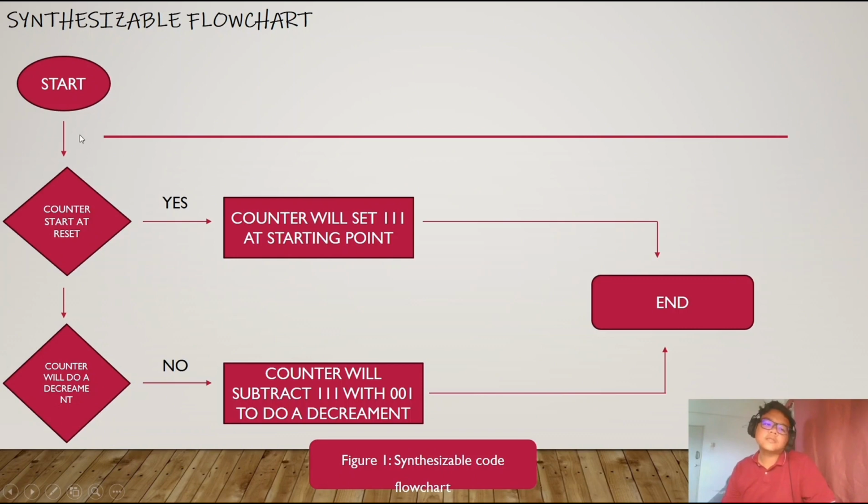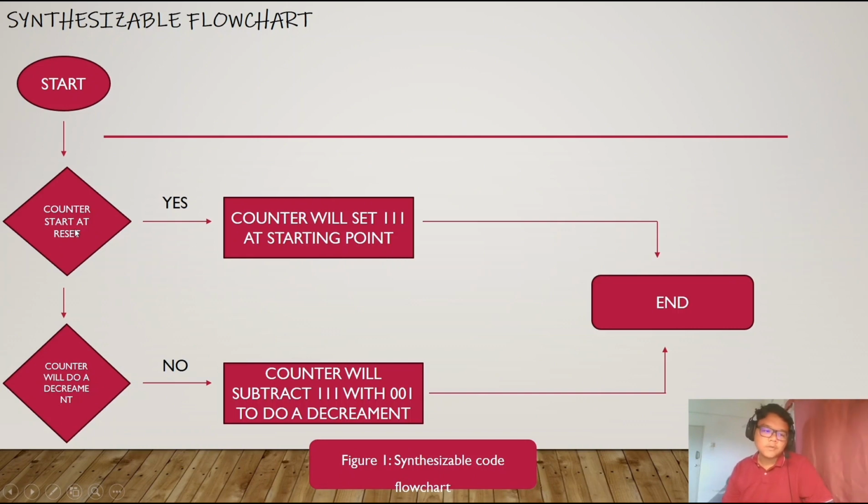So from here we can see the start and the end. This is a very simple flowchart. You can see here, counter start reset or no? If yes, the counter is set to 111 at the starting point.